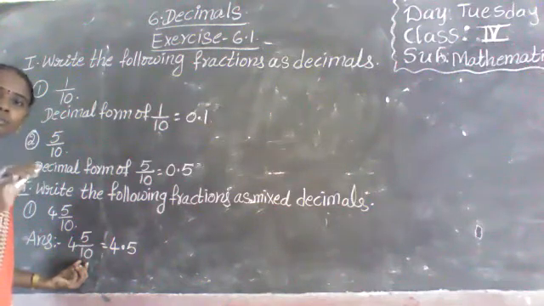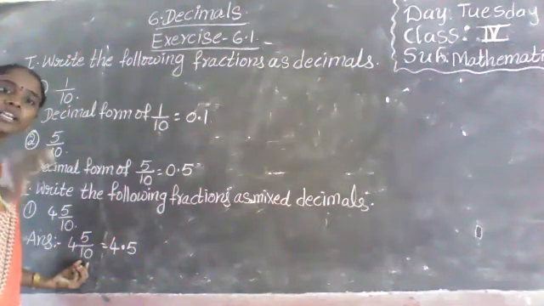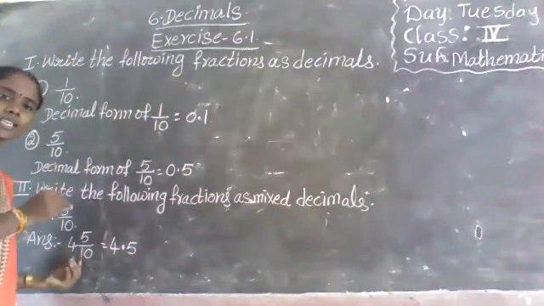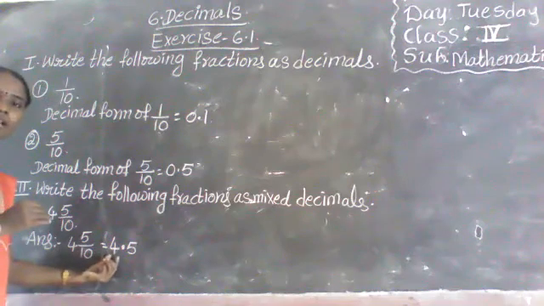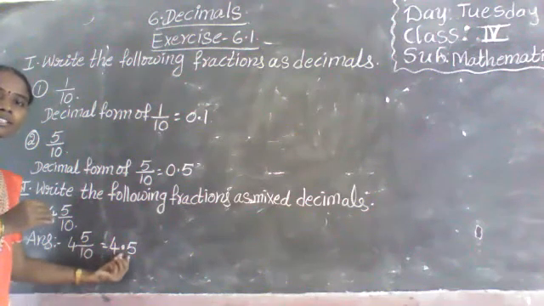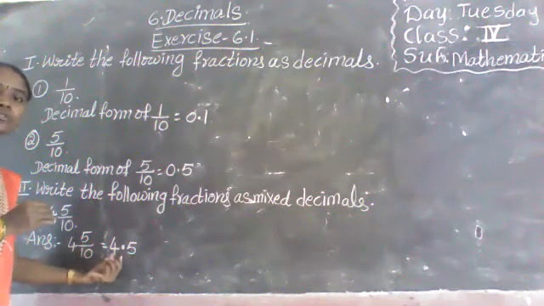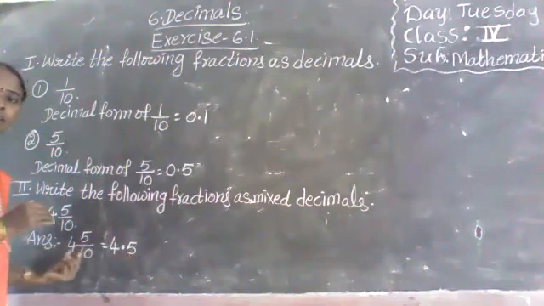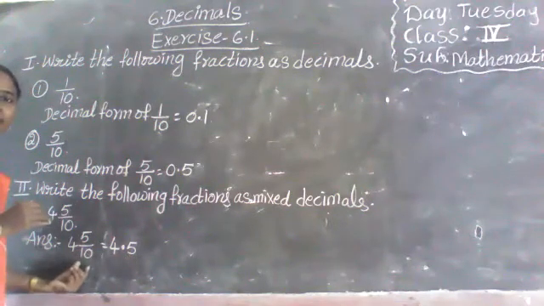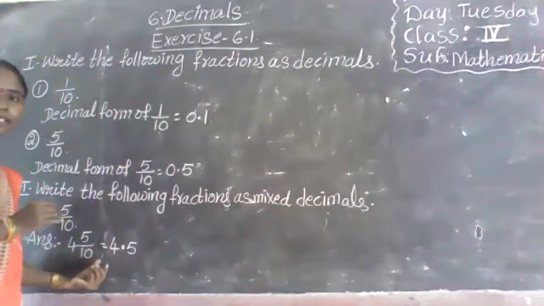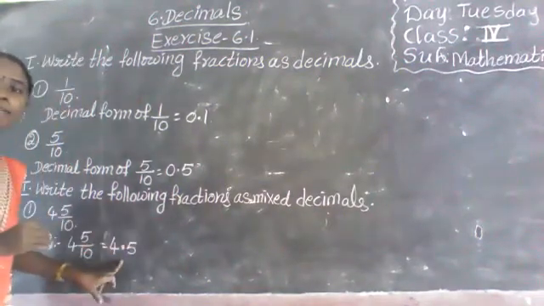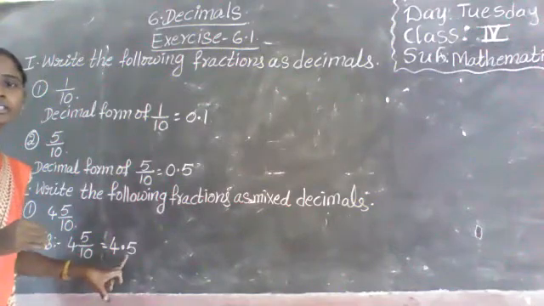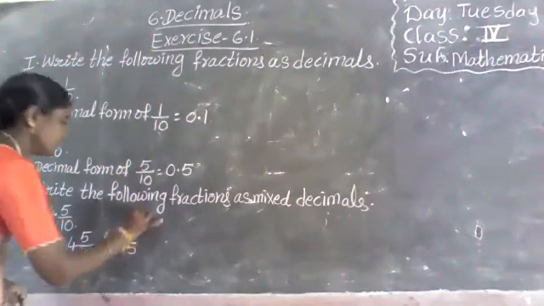So before one number we have to put the decimal point. Same here also: in the whole number place we write 4 and after the point we write 5. That is 4 whole 5 by 10 equals 4.5. Okay, this is a mixed decimal. 4.5 is a mixed decimal. Next one more.